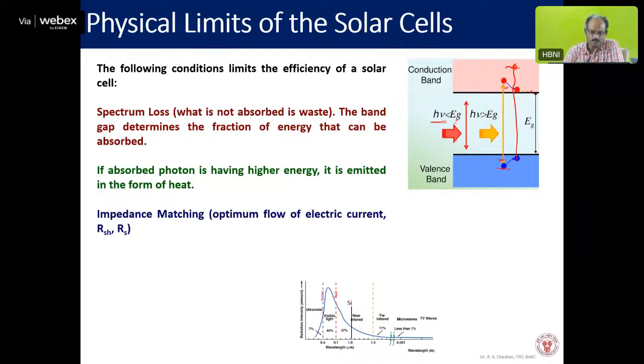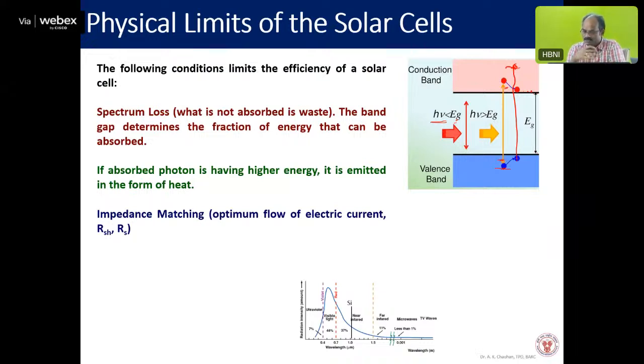Then another loss is the impedance matching. We know from our basic electronics that in order to have efficient power transfer, there should be impedance matching. So if the impedance is not matching, then also there will be loss.